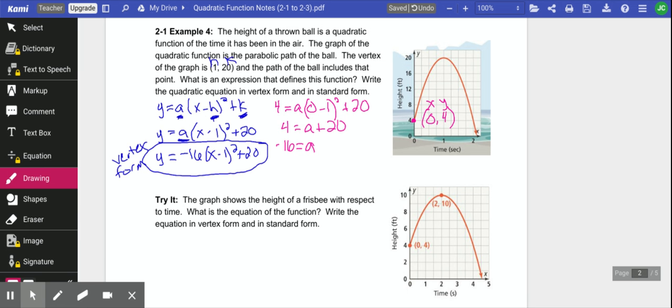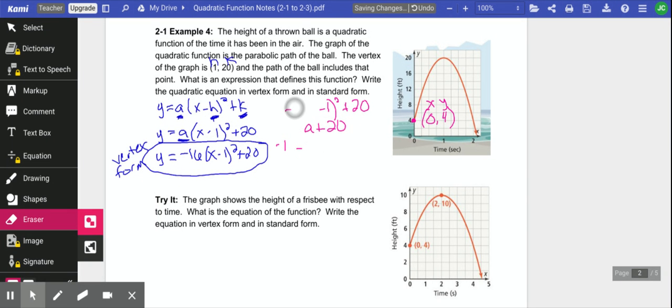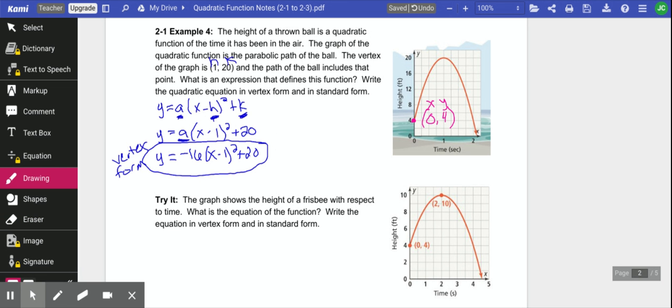Now, they also asked us to give the answer in standard form. I'm going to need to erase this so that I have room to write. I mentioned this in the last video, but the way we get from vertex to standard form is foiling, distributing, and combining like terms. So here we go. We have y equals negative 16 times (x minus 1) squared, which means (x minus 1) times (x minus 1), and then the plus 20.